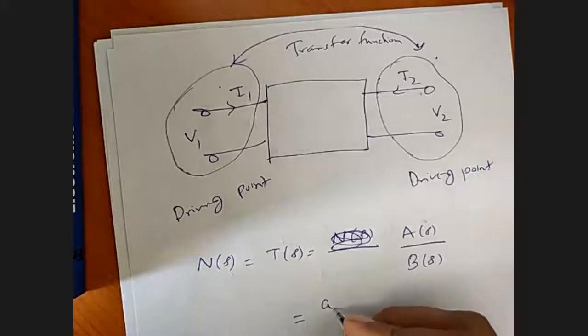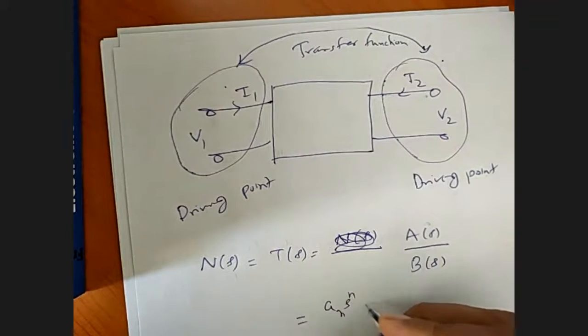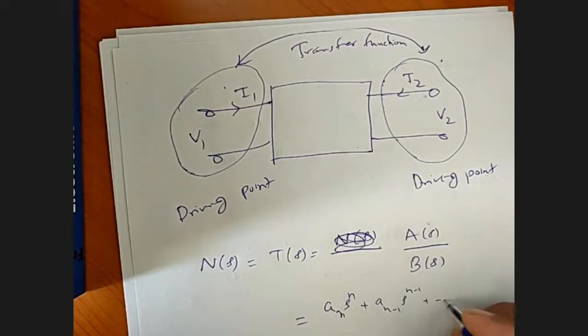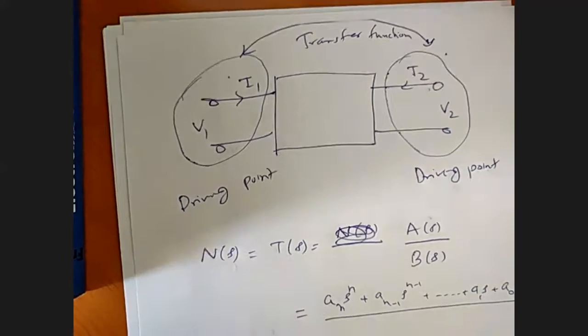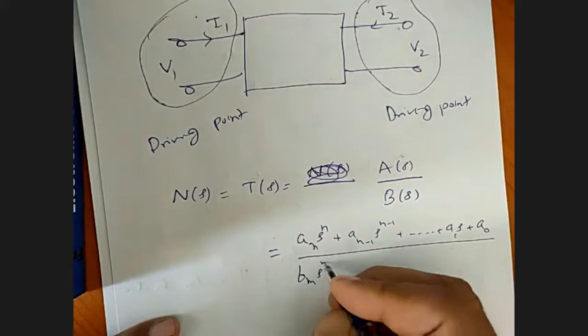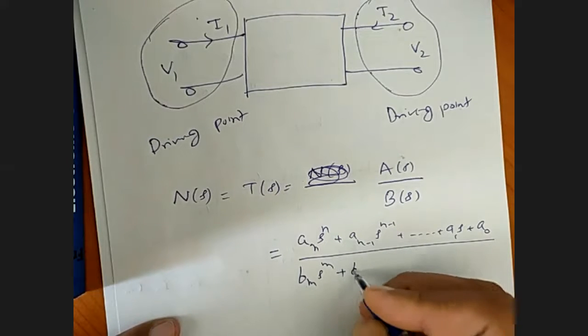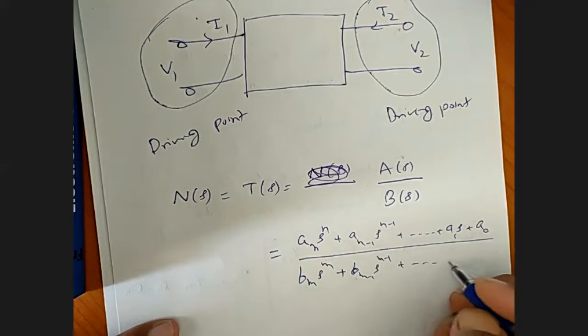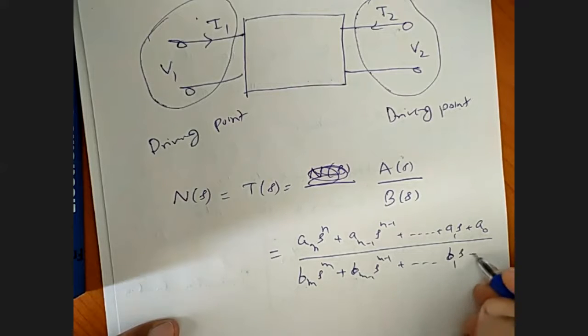It can be a_n s^n plus a_(n-1) s^(n-1) plus so on a_1 s plus a_0, divided by b_m s^m plus b_(m-1) s^(m-1) plus so on b_1 s plus b_0.